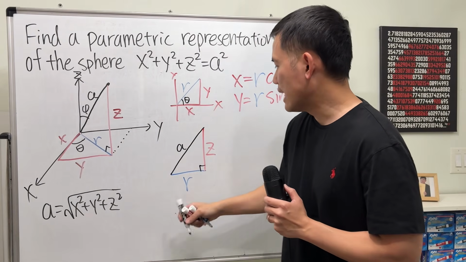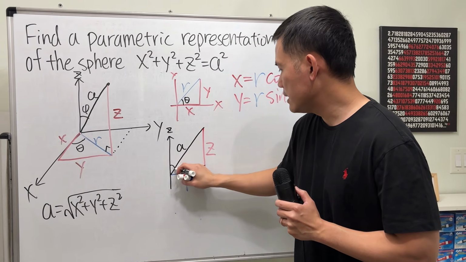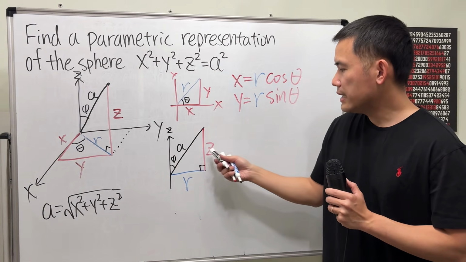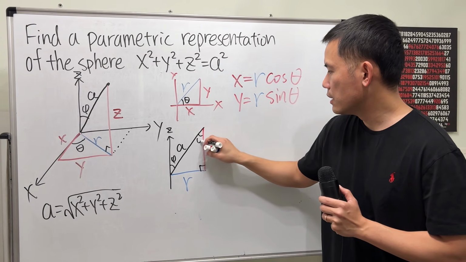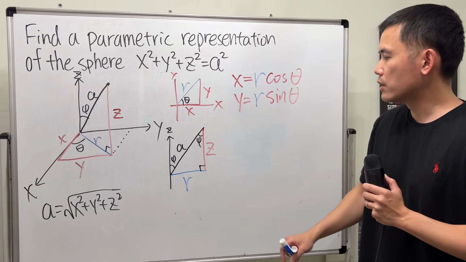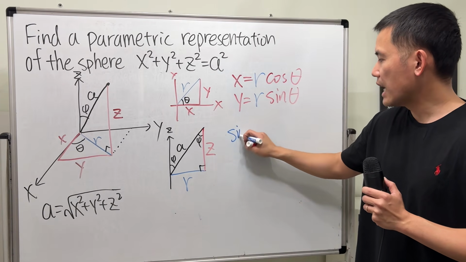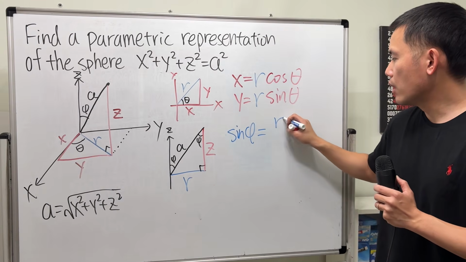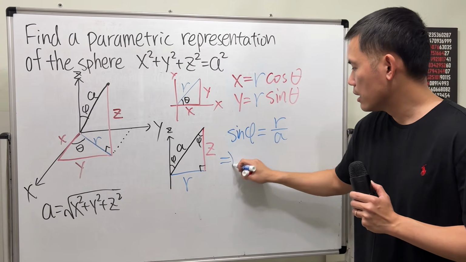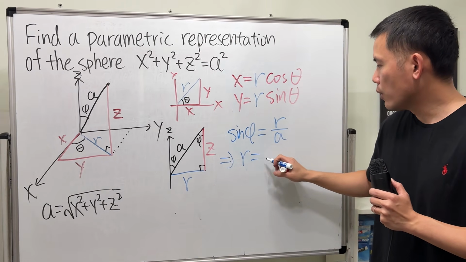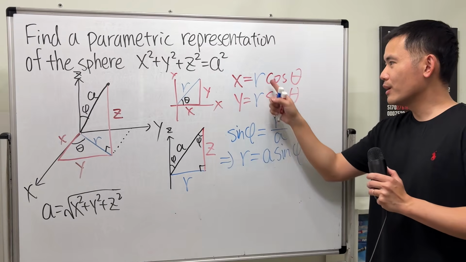Here is the positive z-axis right here. So here is the angle phi. But this and that are parallel. If this is phi, so is this. So now looking at this picture, we have the opposite and also the hypotenuse. We can say sine phi is equal to r over a. Now multiply by a, we get r equals a times sine phi. And that's all we need right here and right here.